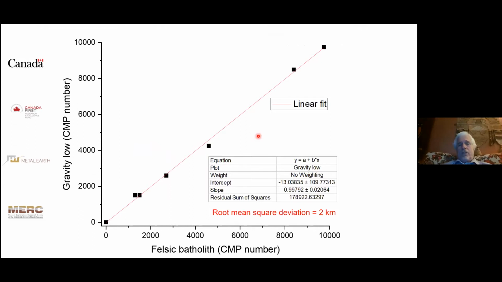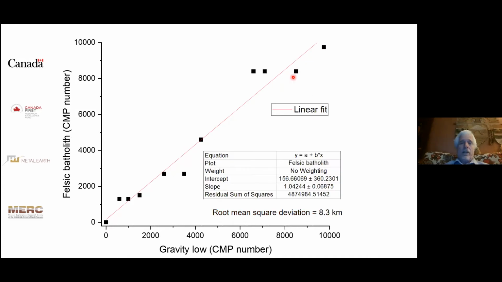So what I've done on this plot is I've looked at each felsic batholith location, and I've looked for the closest gravity low. If they aligned exactly, then they'd plot on this straight line with a slope of 1. And you can see that in some cases, they're off by a little bit. In this case, I've looked at each of the gravity lows and looked to find the closest associated felsic batholith. And in that case, they don't plot as closely to a straight line.